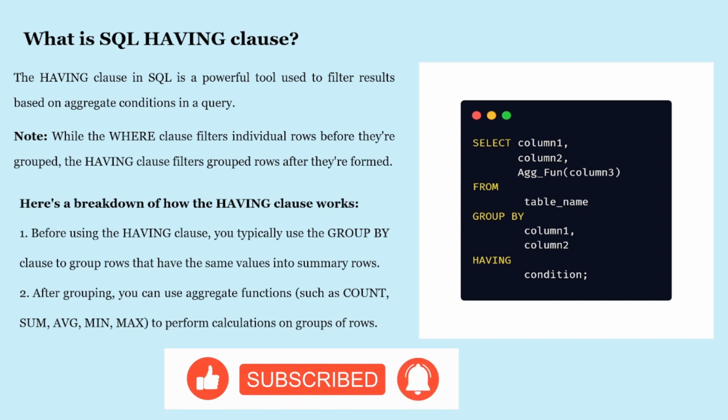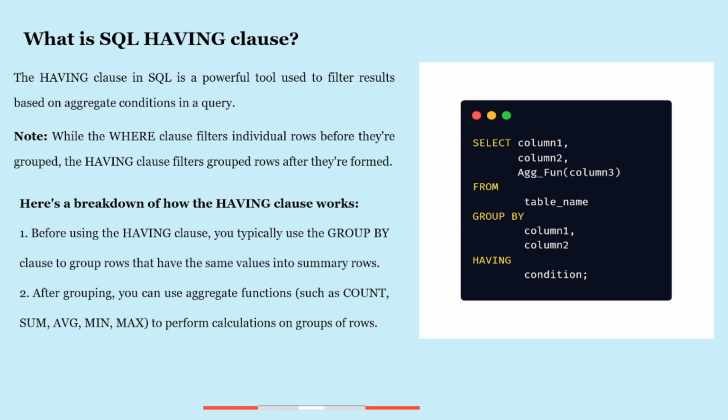Before using the having clause, you typically use the group by clause to group rows that have the same values into summary rows. After grouping, you can use aggregate functions such as count, sum, average, minimum, and maximum to perform calculations on groups of rows.